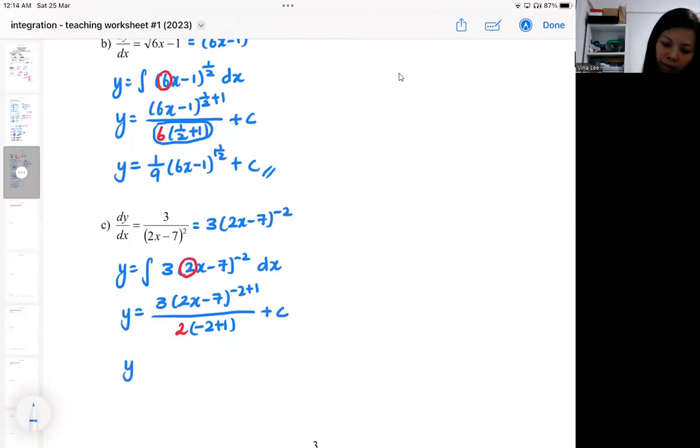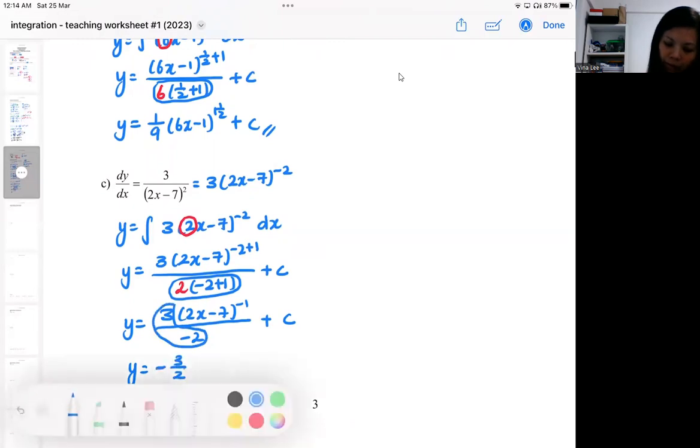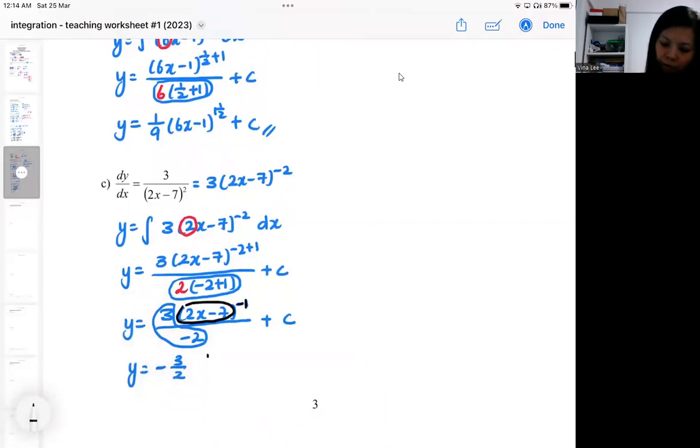Okay, subsequently simplify properly. If you simplify properly, you will see that this part, minus 2, will become just a fraction. And this minus power also becomes a fraction.